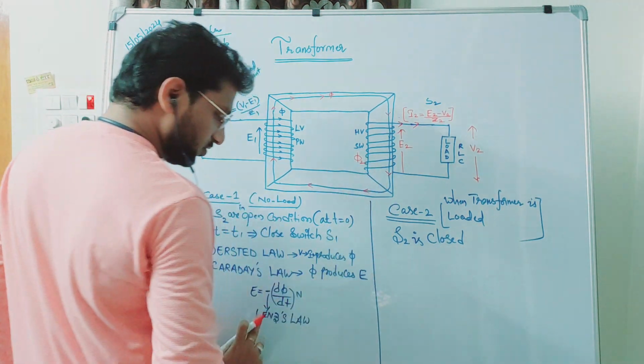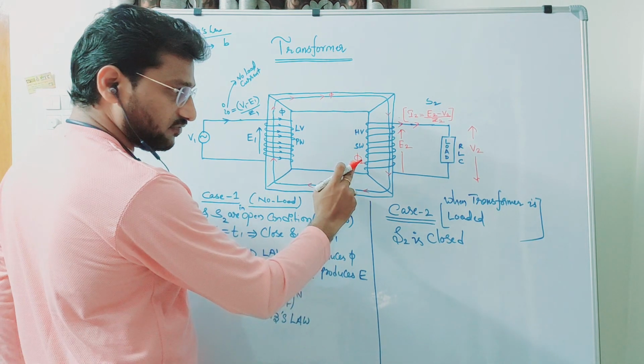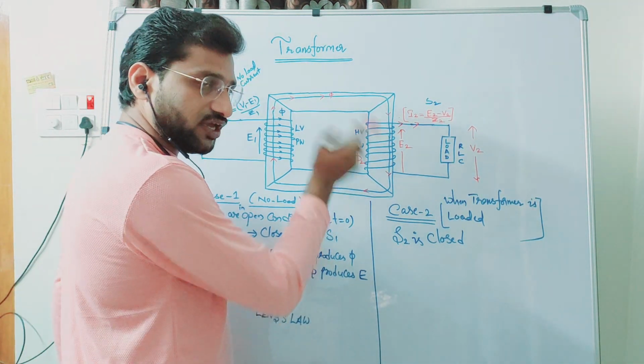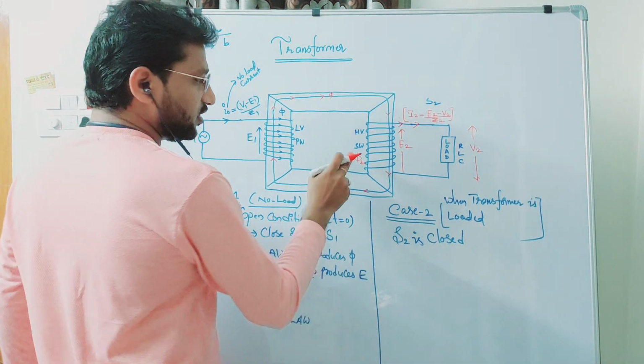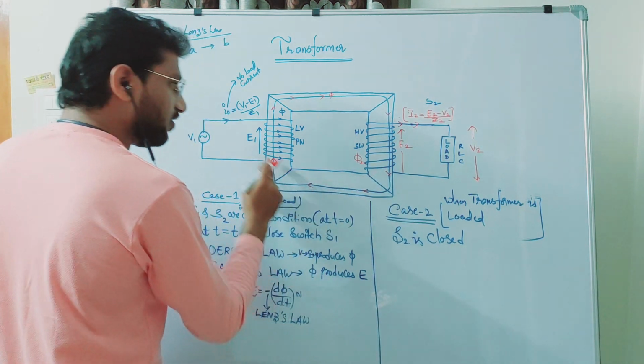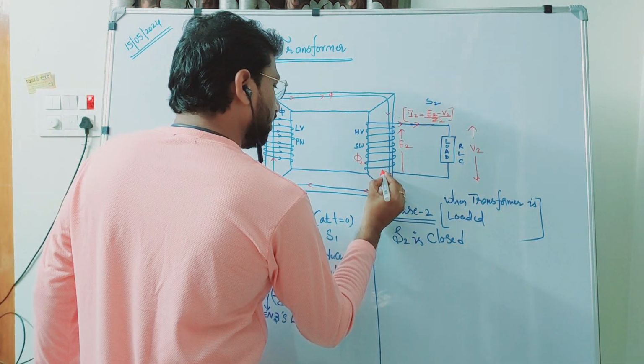Now as I told you, it is going to work based on the direction of the flux, which is based on Lenz's law. What does Lenz's law say? It has to oppose the very cause. As I just now mentioned, the very cause is actually this flux. So this flux direction is clockwise. Now according to Lenz's law, this phi 2 direction must be reverse.